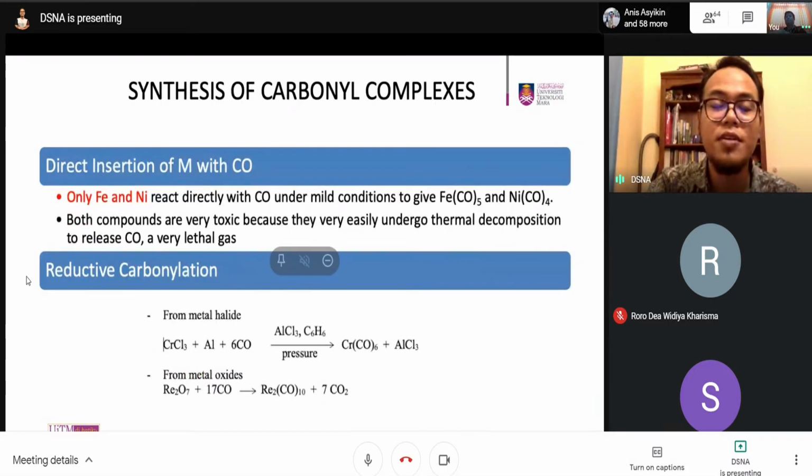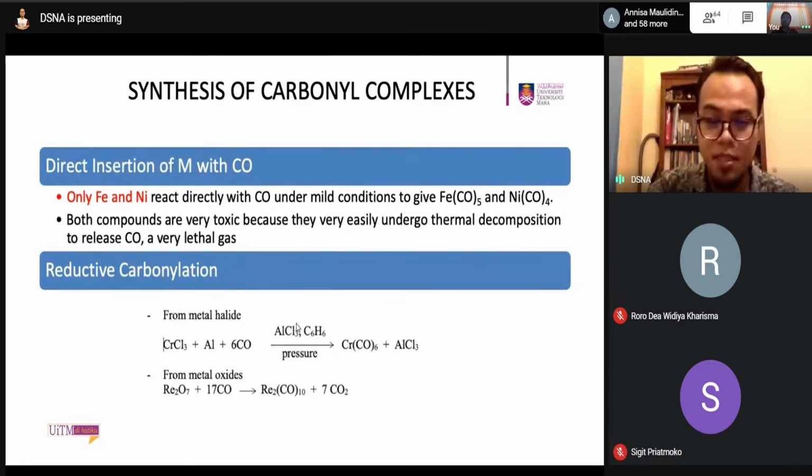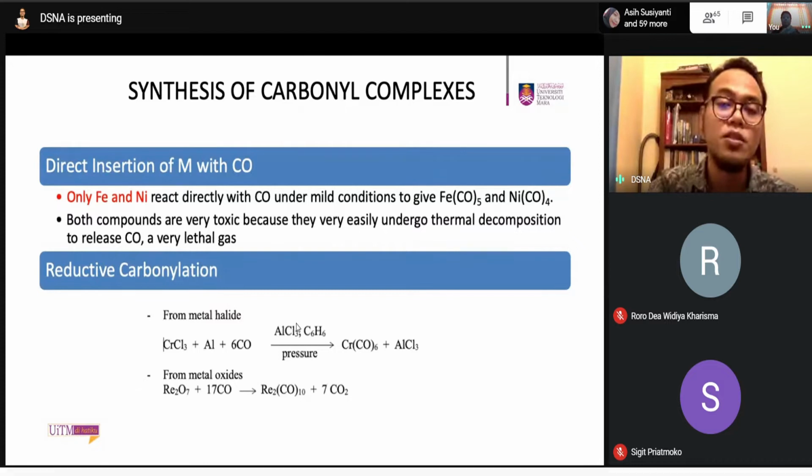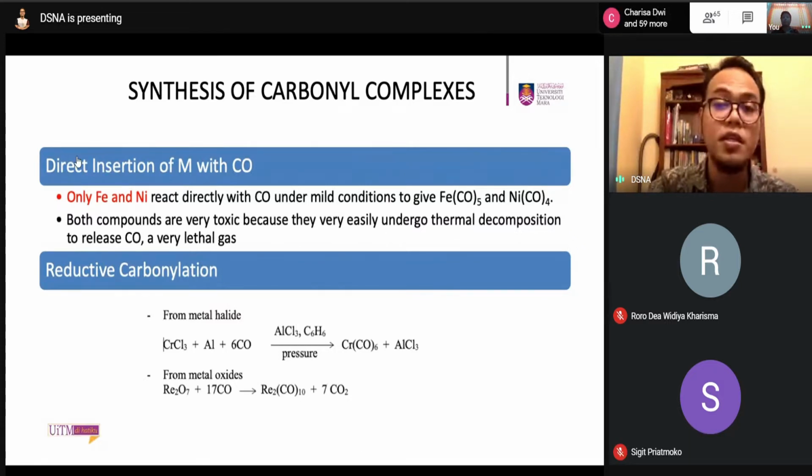So we are done with the first part of the lecture, which is on the basic principle, the basic definition, the introduction of organometallic compounds. We have talked about how to define it. It should be compounds or complexes containing at least one metal to carbon direct bond. And we have also seen how the carbonyl molecular orbital is constructed.